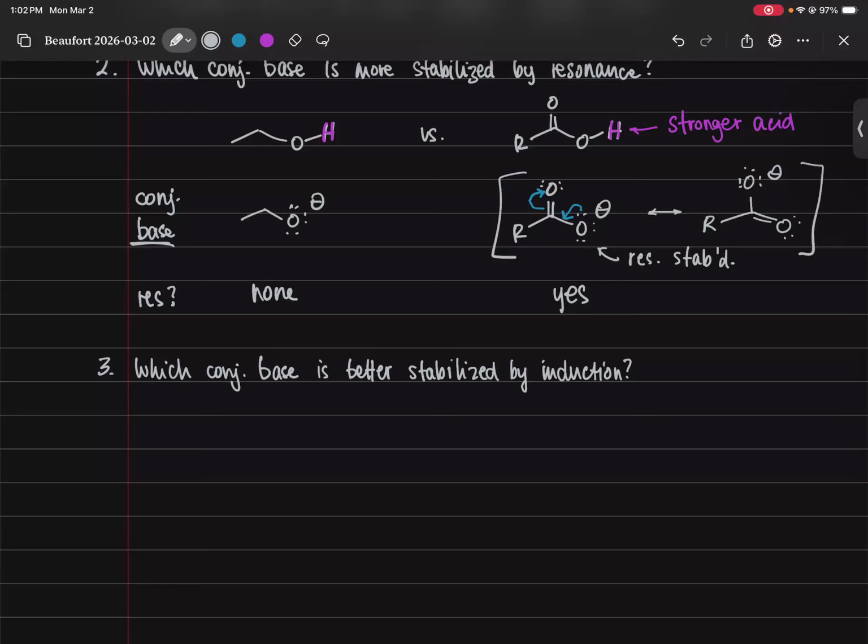potentially acidic protons. Okay, so we're going to compare for induction acetic acid versus trichloroacetic acid.